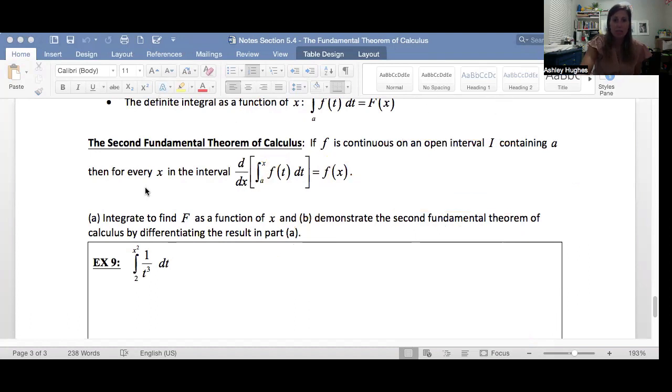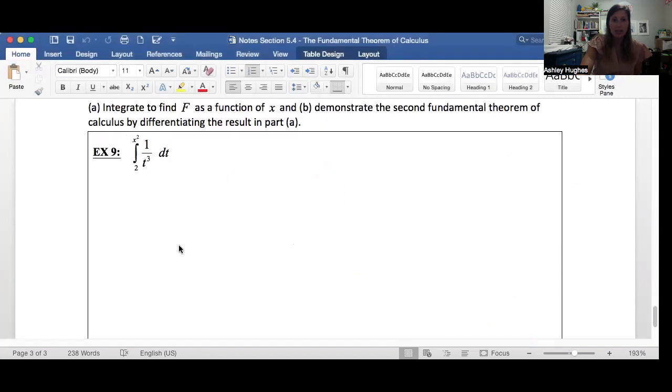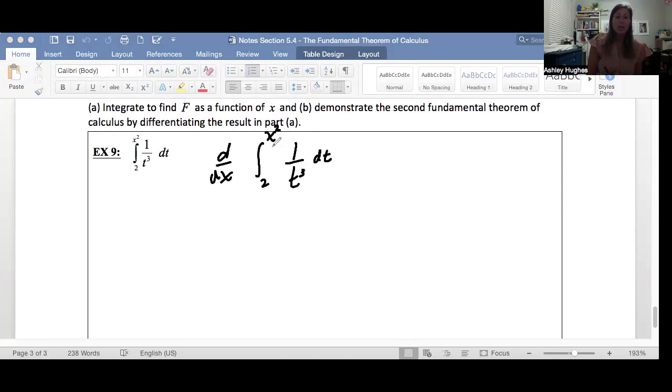Let's try it for this example. I'm taking the derivative of the integral. So if I'm taking the derivative of the integral, then write that as t to the -3, or actually you don't have to do that. Okay, well, I'm going to plug x squared in for t. So 1 over x squared cubed.